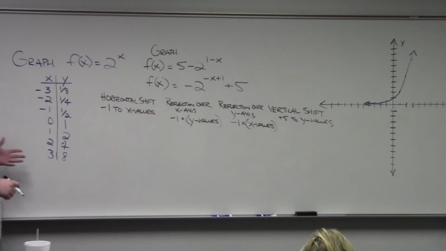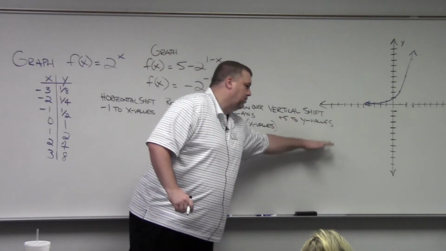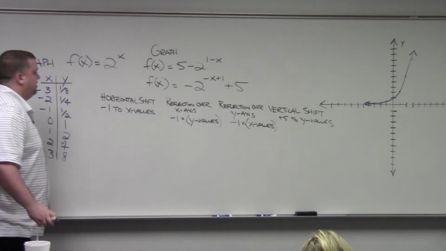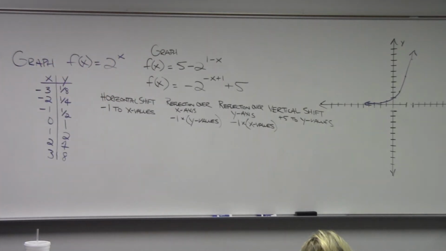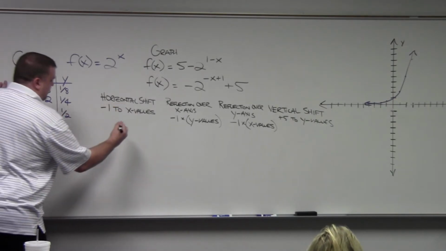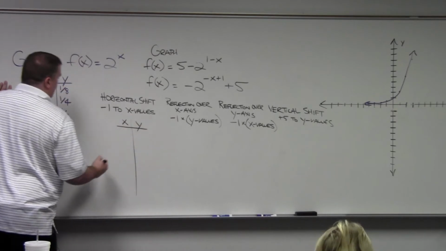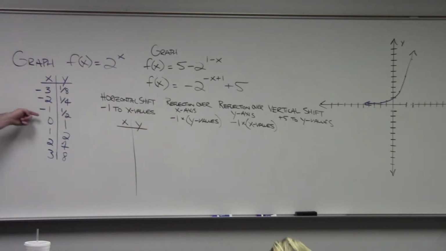So let's do all these transformations, these shifts, these reflections, and when we get to our table over here, that's when we can actually plot it. So if I'm going to take away 1 from my x values, I'm just going to subtract 1 from all the x values in this column.